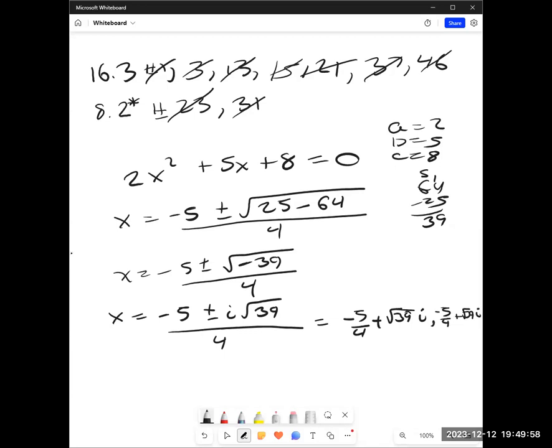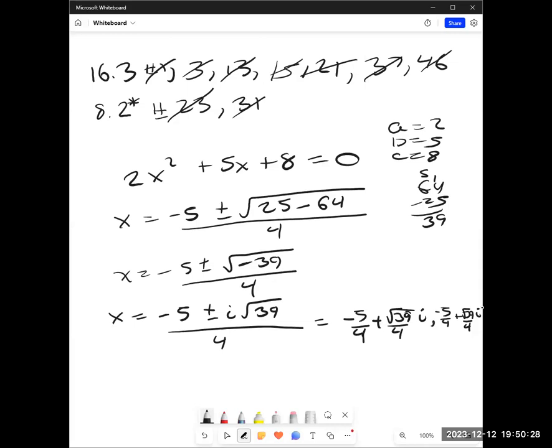And notice that I want to write those in standard form with a plus bi and a minus bi. I don't write it all over the common denominator. Oops, I say that, meaning that I want to put them both over their individual denominators, which I almost forgot to do. But I don't want to write it all over a common denominator.